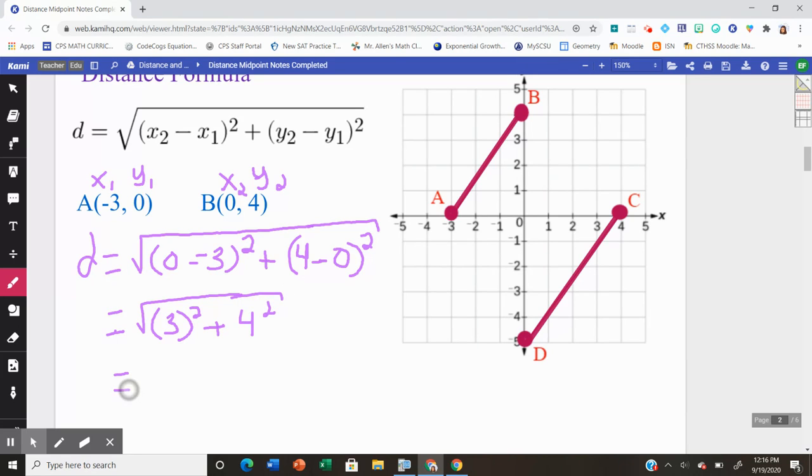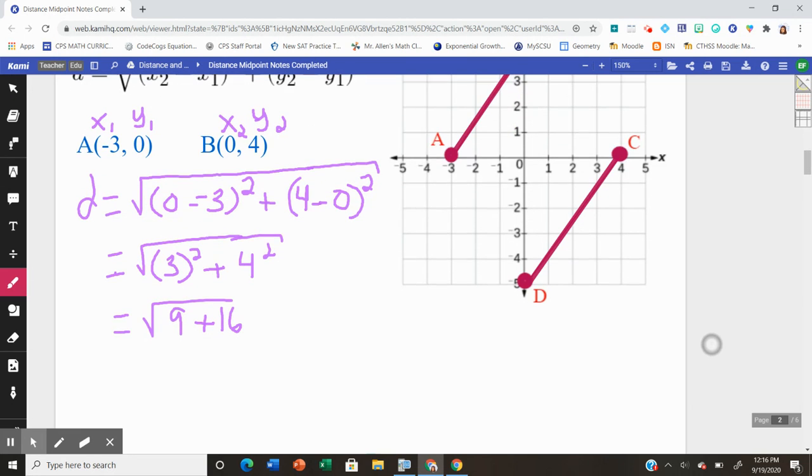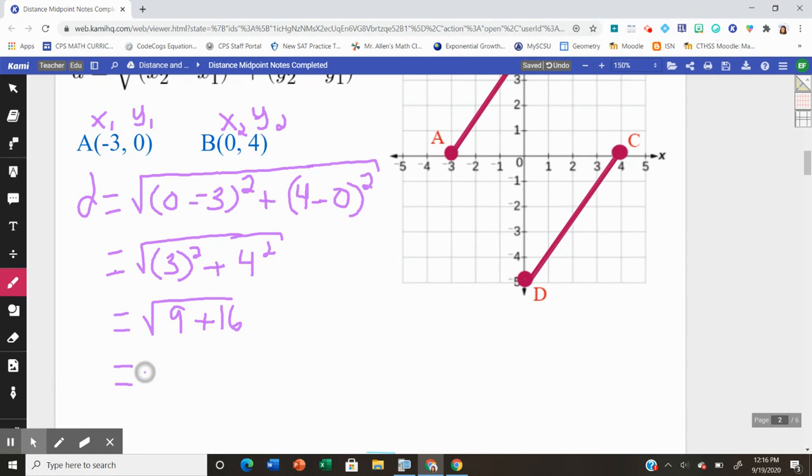Exponents come next. 3 squared is going to give us 9. 4 squared will give us 16. 9 plus 16 is 25, and the square root of 25 is 5. So we can say that the distance between point A and point B, or the length of segment AB, is 5 units long.